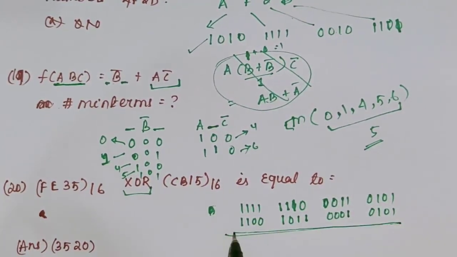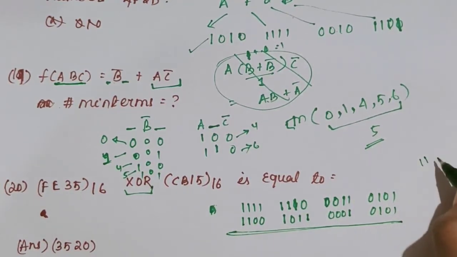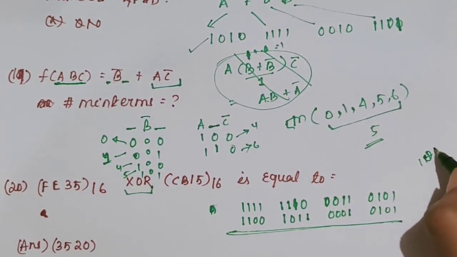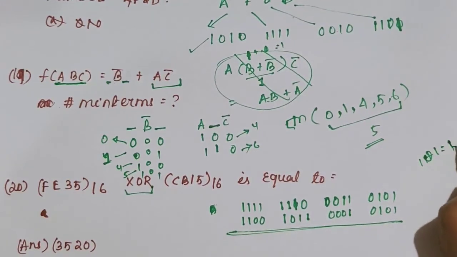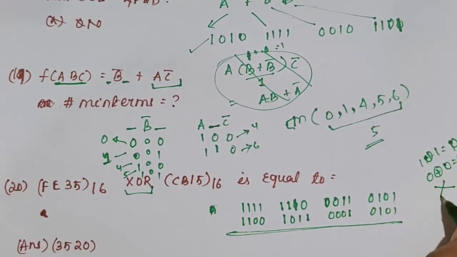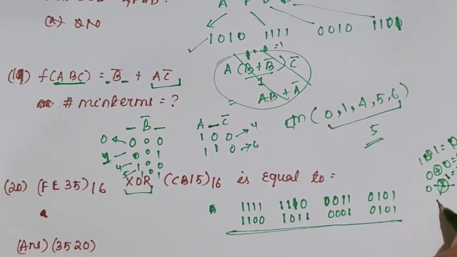If you perform XOR for the same bits, 0 XOR 0 equals 0, and 1 XOR 1 is 0. If you have 0 and 1, then it will be 1, and 1 XOR 0 will be 1. So the result is 0 0 1 1, 0 1 0 1, 0 0 1 0, 0 0 0 0.